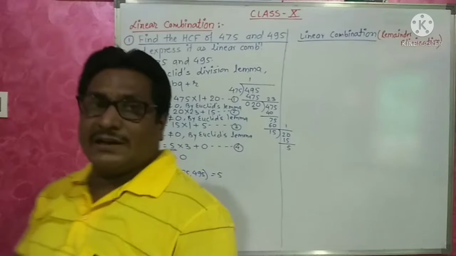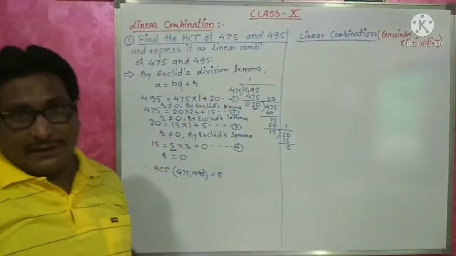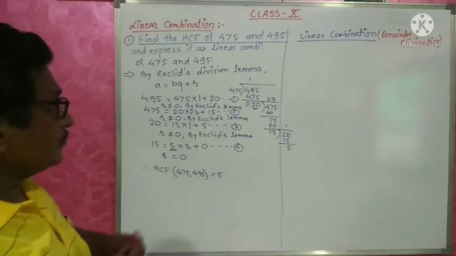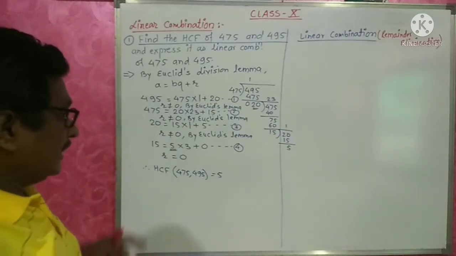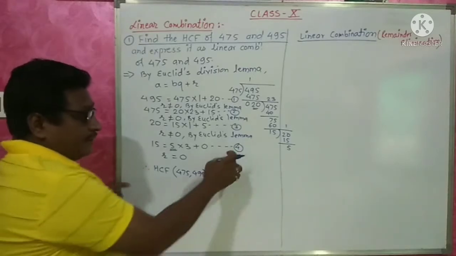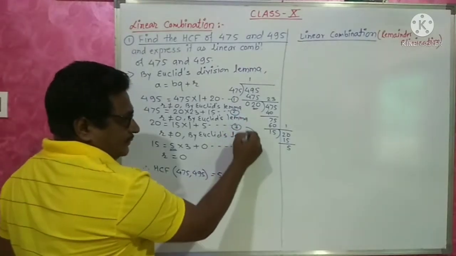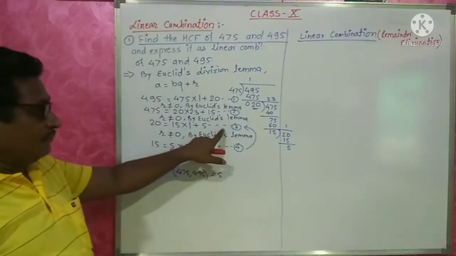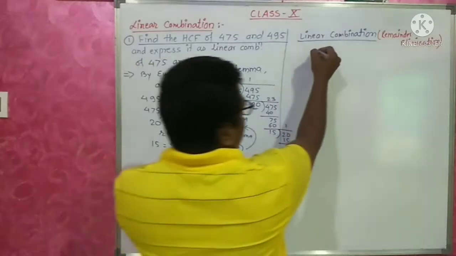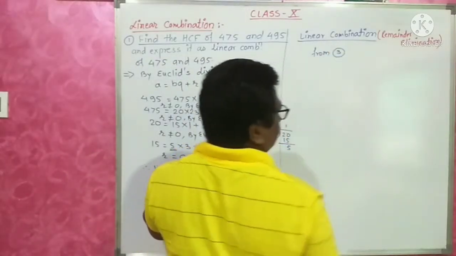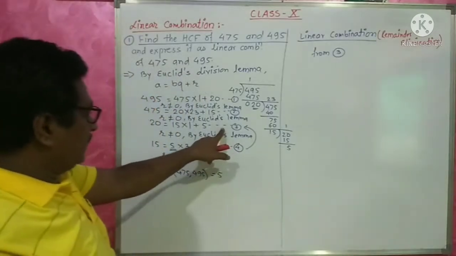Whatever remainder is there, that remainder we have to eliminate. So for that purpose, the last step is the fourth step, and the previous step means the third step. From the third step we have to start.